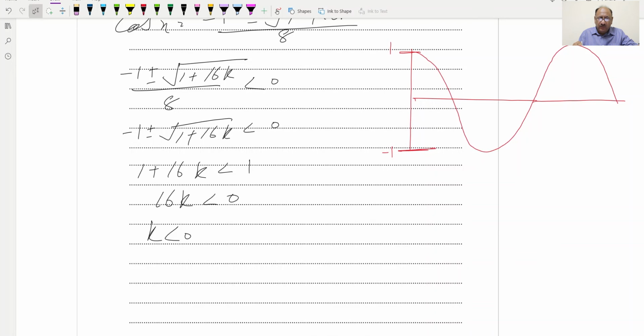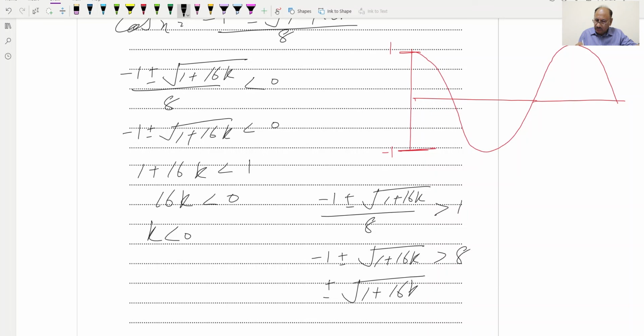Now if we write minus 1 plus minus the square root of 1 plus 16k over 8 is greater than 1, then for greater than 1, if we calculate, this will be minus 1 plus minus the square root of 1 plus 16k is greater than 8. So we shift the minus 1 to the other side, so the square root of 1 plus 16k is greater than 9.